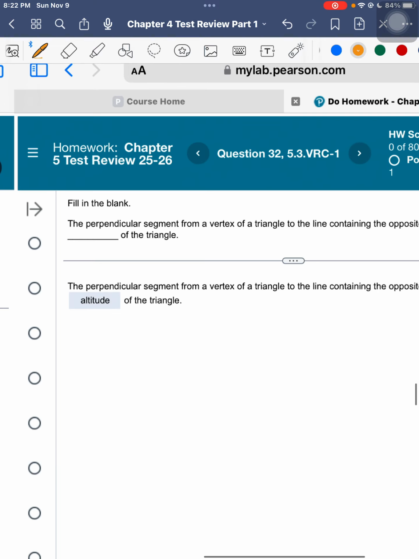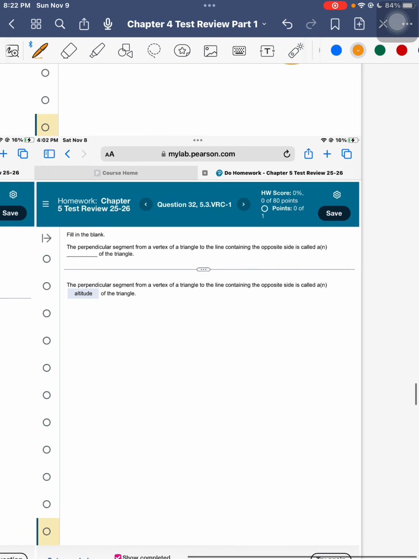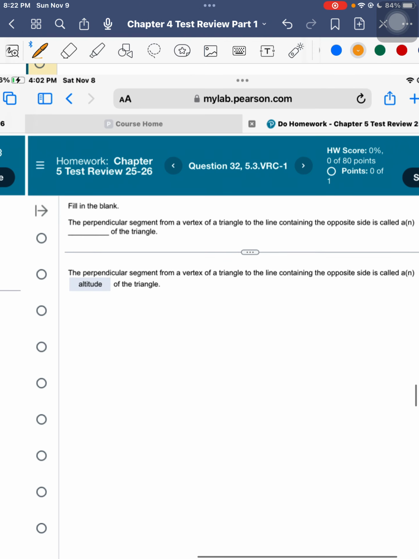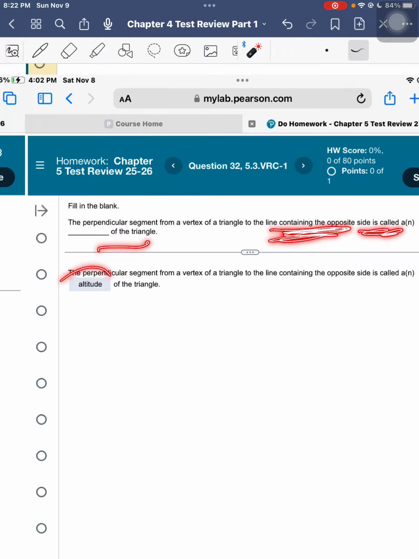Okay, so now we're going to start 5.3, in which we started learning about medians, which give us our centroid, and we learned about altitude, which give us our orthocenter. So the perpendicular segment from a vertex of an angle to the line containing the opposite side is called an altitude.